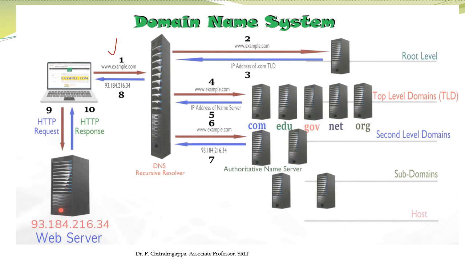Then again www.example.com is sent to the top level domains, which are .com, .edu, .net, .org. Then we get the IP address of the name server. Again we send it for the second level domains, and then we get the complete IP address from the authoritative name server.